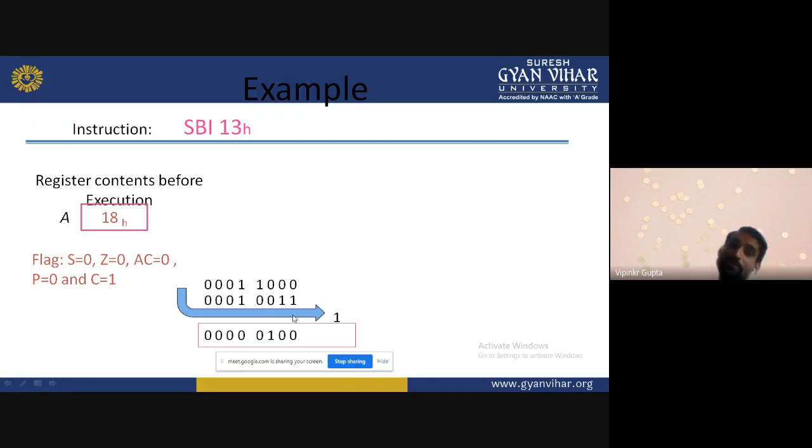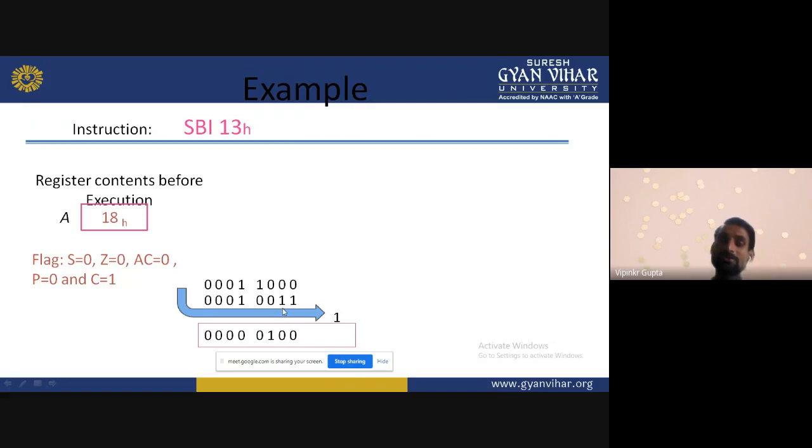Now 10 minus 1 is 1. Then 1 minus 1 again, because the carry is also subtracted, so 0. Now this 0 has taken a borrow, so it's 10. 10 minus 10 is not possible for the next bit, so we take one more borrow here. So 10 minus 10 is 0.